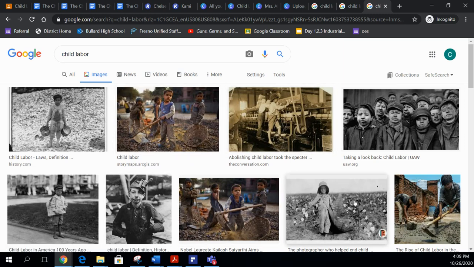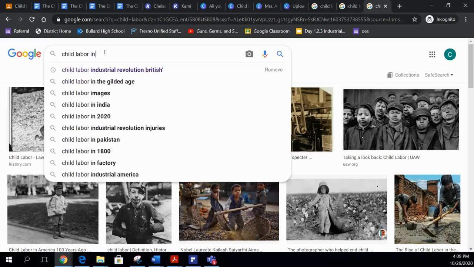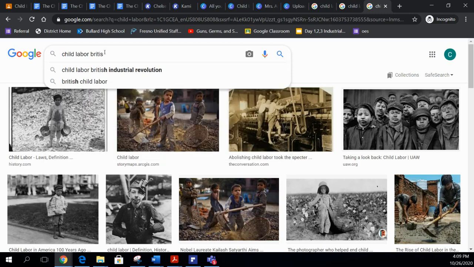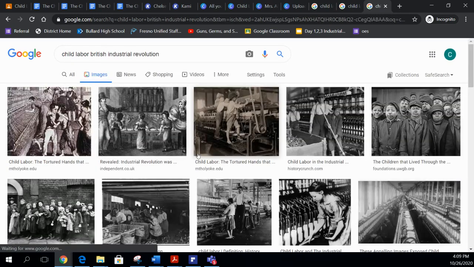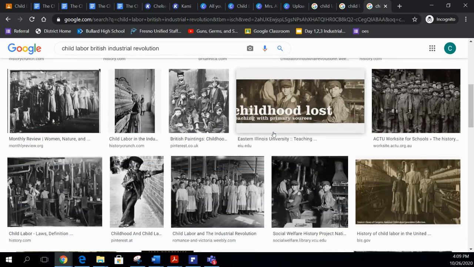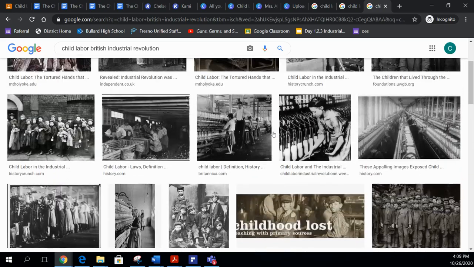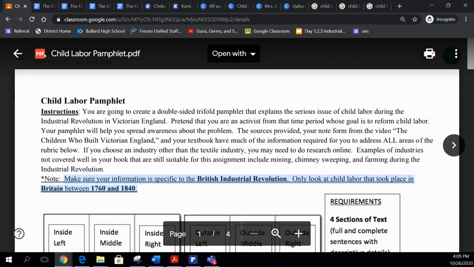This looks like maybe it was in the American South, but you also have pictures from the streets of India in modern day. That's not going to work. You need to make sure that you look up child labor, British Industrial Revolution, so that you're getting the right kinds of pictures. The dates, you're usually pretty safe if you're being specific enough, and now these all look appropriate to the time period. So make sure that you're careful about that.